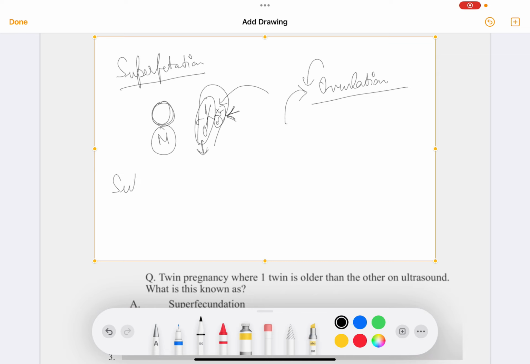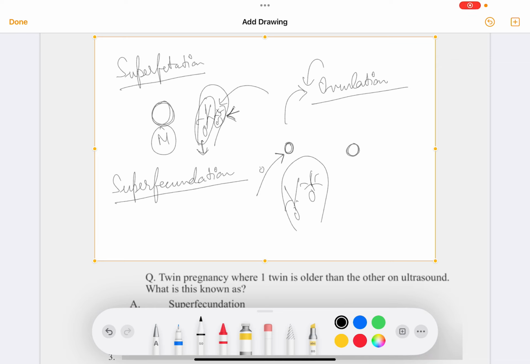There is another concept called superfecundation. What actually happens in superfecundation? In 1 month only, both the twins have formed, so fertilization has occurred. But one fetus is from the sperm of one male, whereas there has been another ovum; 2 ova were released.